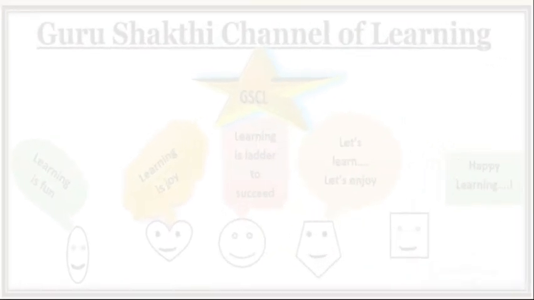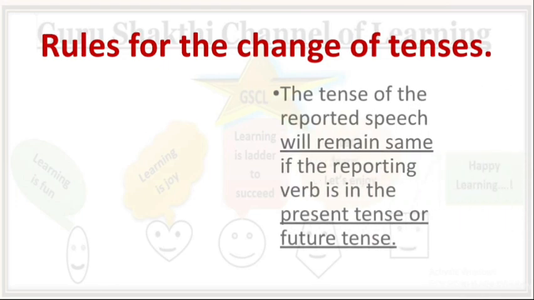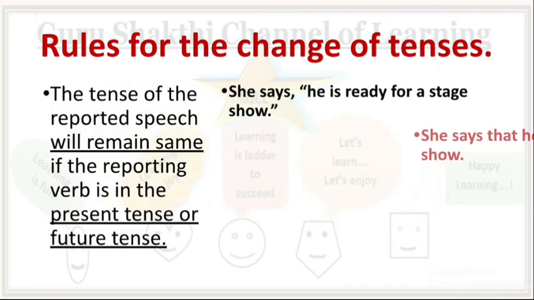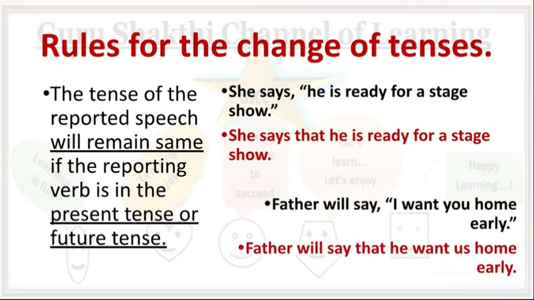Here are few rules to be followed when we are changing the tenses in the reported speech. If the reporting verb is in present tense form, as in first example, "She says, he is ready for a stage show."